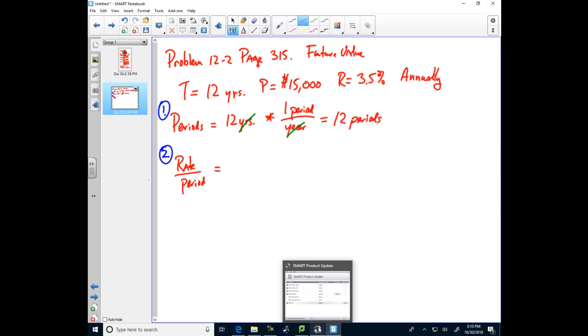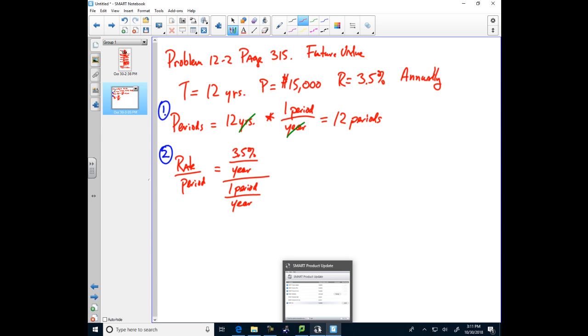So what we have here is 3.5% per year divided by 1 period per year. I'm just showing you the math. After you look at this, you don't have to do it anymore. But every once in a while, I just feel compelled to do a little math.